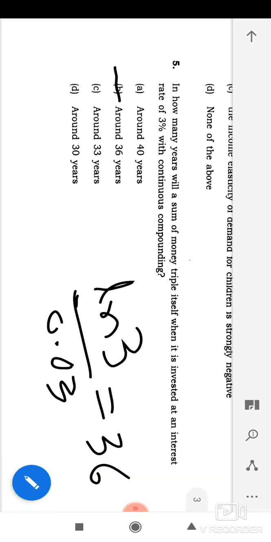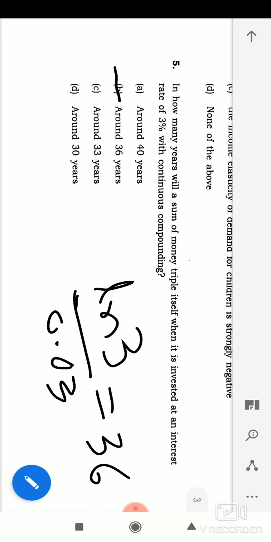So the simplest formula for this type of question: the question is about the sum of money tripling, so for triple we can use ln3, the natural logarithm of 3, where 3 stands for triple, divided by the rate of interest, which is 0.03, that is 3%.